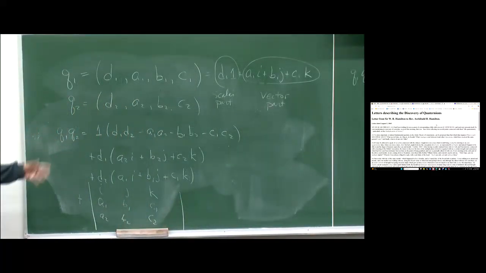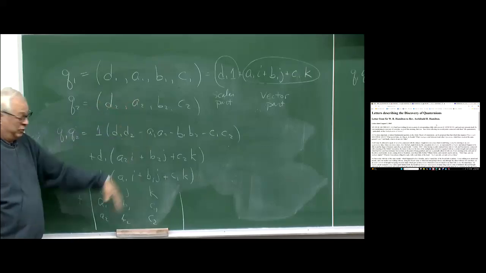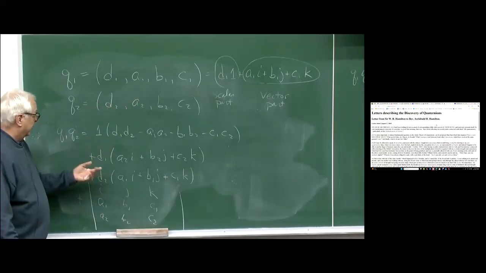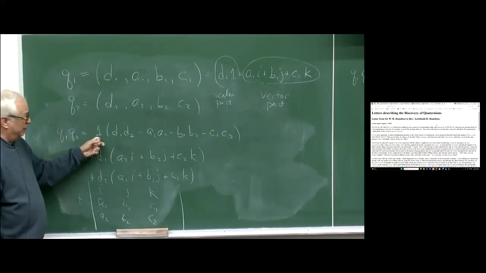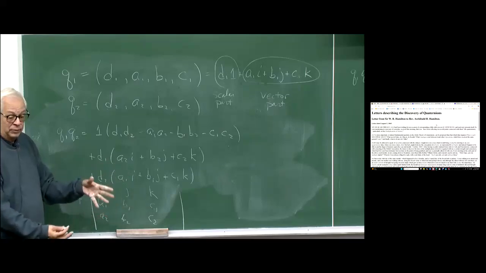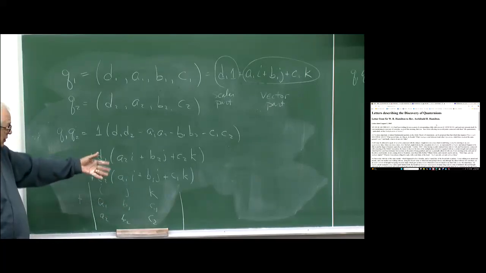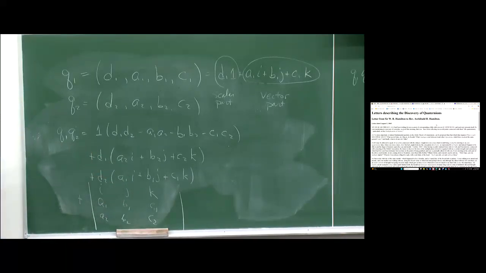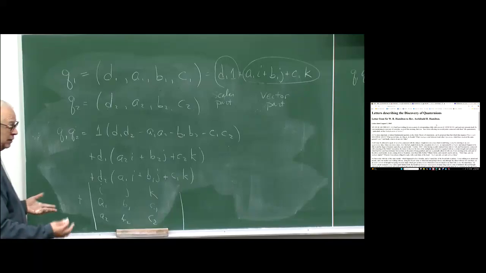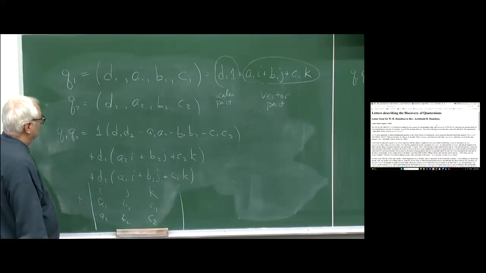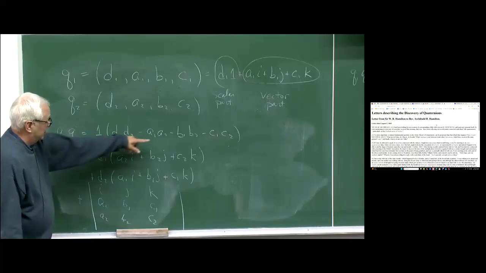And then this is the way that I remember it: if I take 2 quaternions, whatever these numbers are, they're real numbers, I get a quaternion because there's going to be something times 1, a bunch of stuff times i, which I could have grouped together, but it's convenient to write it this way. And there's a bunch of stuff times j and some bunch of stuff times k. The easier way to remember it is we have this scalar part up here.